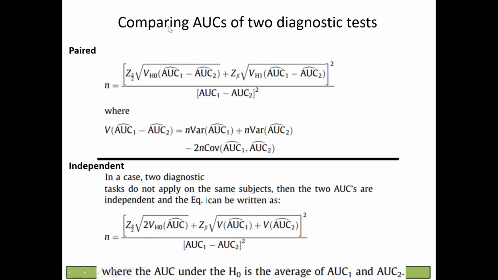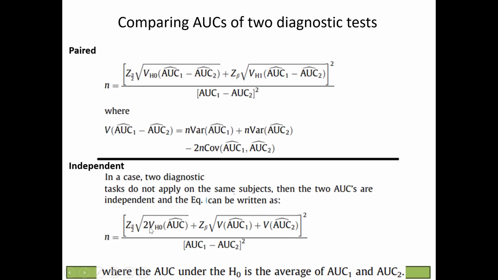Now, when we need to compare the AUC of two diagnostic tests, there are two situations, paired situation and unpaired or independent situation. In case of paired situation, we need to know the covariance between the two areas under the curve. Whereas when the situation is independent, that is the data is unpaired, in a case two diagnostic tests do not apply on the same subjects, then the two AUCs are independent and the equation can be written as this.